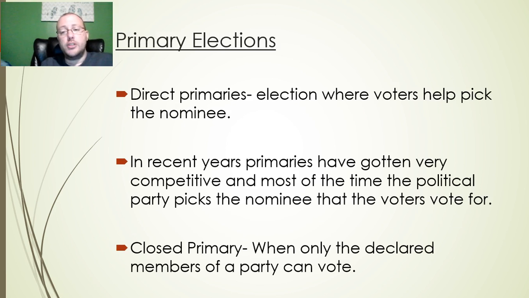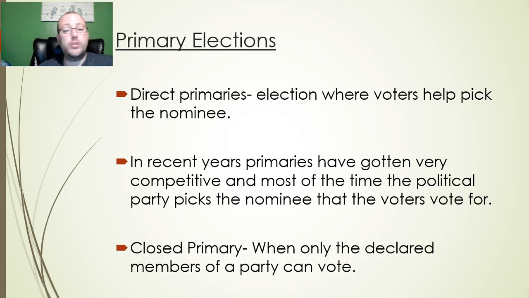Now, primary elections are done in a couple different ways. You have a direct primary where voters help pick the nominee, which is where you go and you vote for someone to run. Right now, where we have primaries when it comes to the state senate, we've already had some primaries. We're going to have a runoff election, and that's kind of the idea.